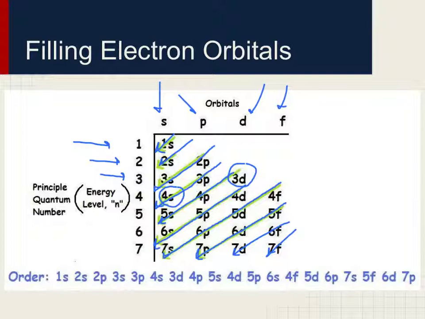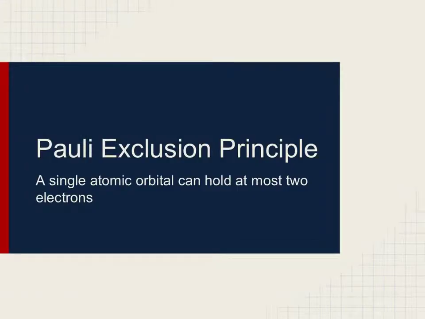And underneath this table, you see 1s is filled first, 2s, 2p, 3s, 3p, 4s, 3d, 4p, 5s, 4d, 5p, and so on. If we can remember how to draw this diagram, you'll have no problem assigning electrons to the correct orbitals in the correct order. So to repeat, the Aufbau principle says that electrons fill lowest energy levels first.